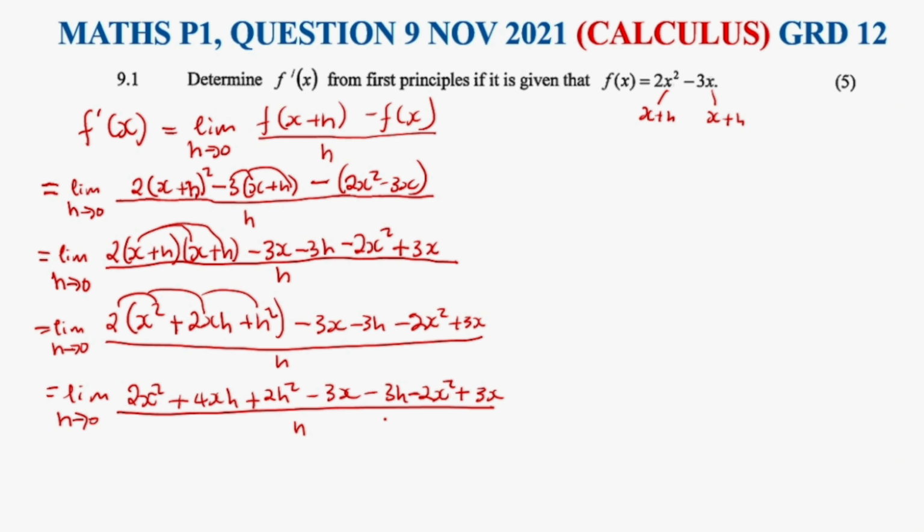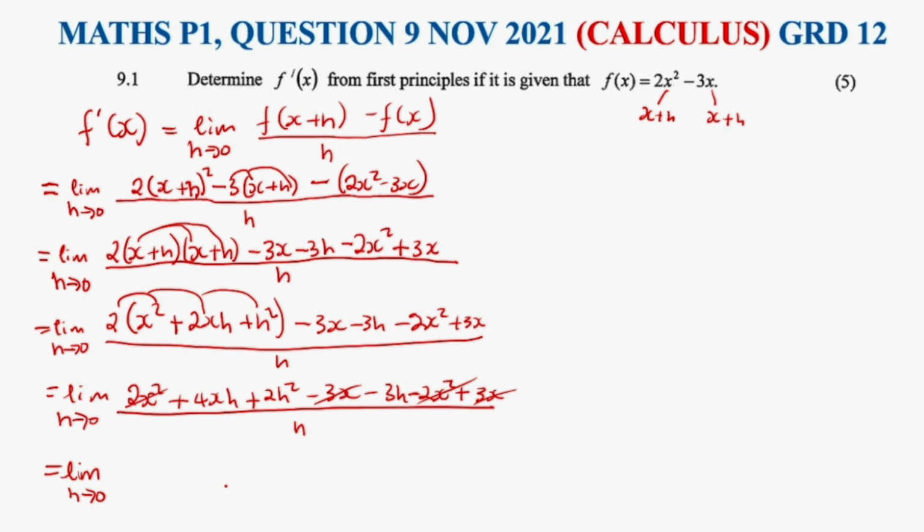I see that we've got like terms here: positive 2x squared and negative 2x squared will go, minus 3x and positive 3x will go as well. Therefore we are going to be left with the limit as h approaches 0.